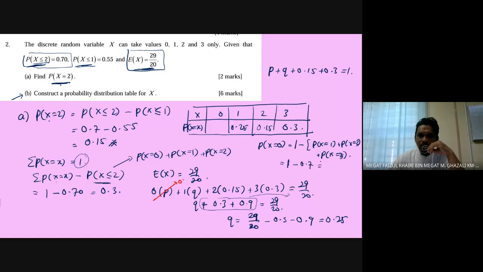Then probability of x equal to 0 is 0.3. There you go. Okay, so 0.3, 0.25, 0.15, and 0.3. So that's how we play with all the formulas and the information, and we find out the value of P and Q one by one slowly.